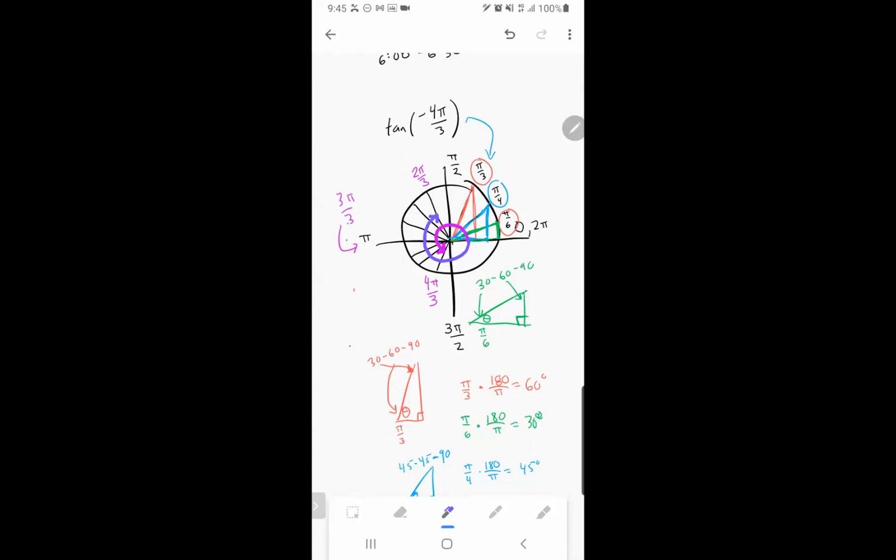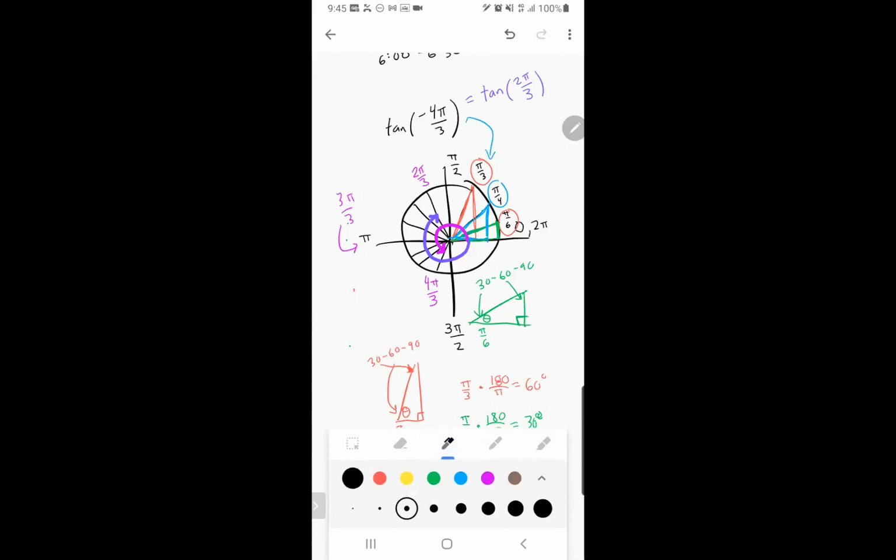So negative 4 pi over 3 is actually the same thing as positive 2 pi over 3. So if you go to the 2 pi over 3 angle on the unit circle, you will see that the coordinates at 2 pi over 3 are negative 1/2 comma square root 3 over 2.